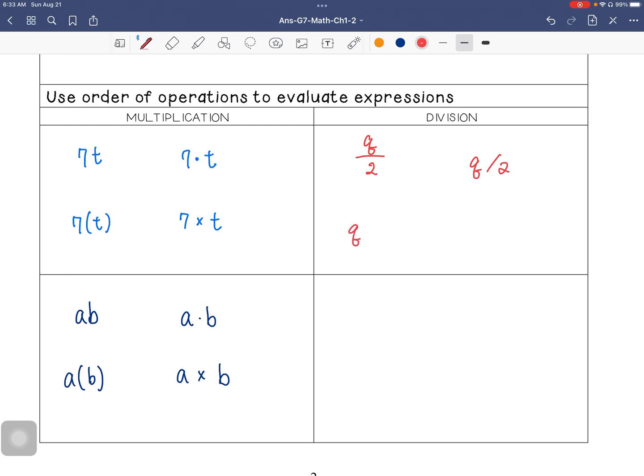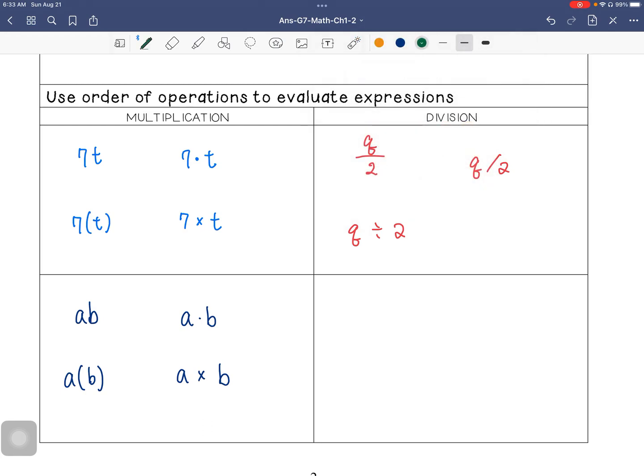Q over 2 equals q divided by 2, and q slash 2 equals q divided by 2.